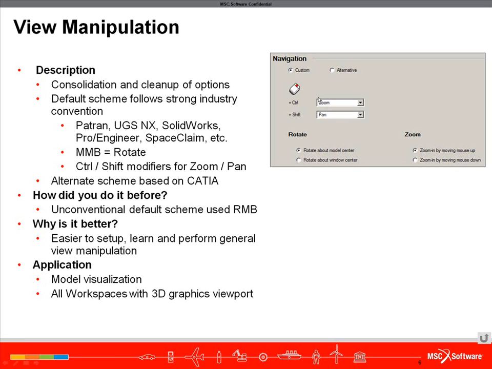Pressing and releasing the second mouse button may also be used for easy model inspection and travel. And to pan without using the keyboard, use the right mouse button. If you're familiar with any of the common CAD packages, you will feel at ease quickly with SimXpert performing view manipulations.